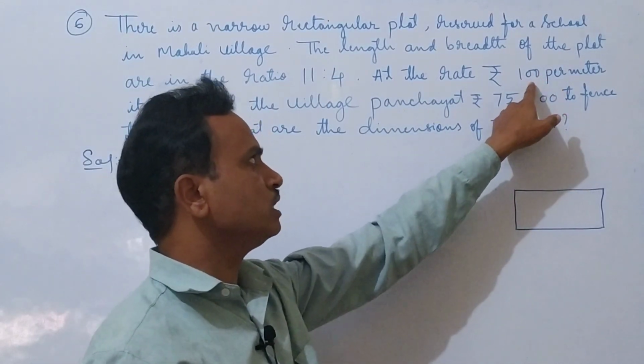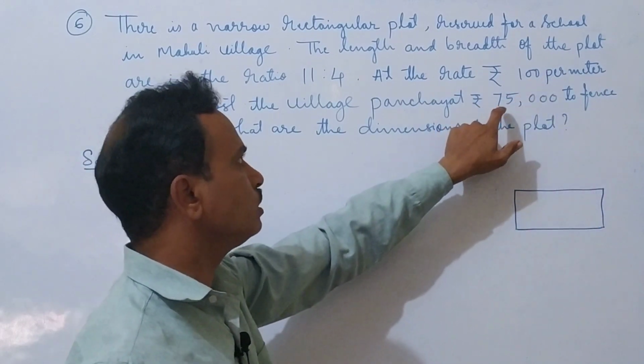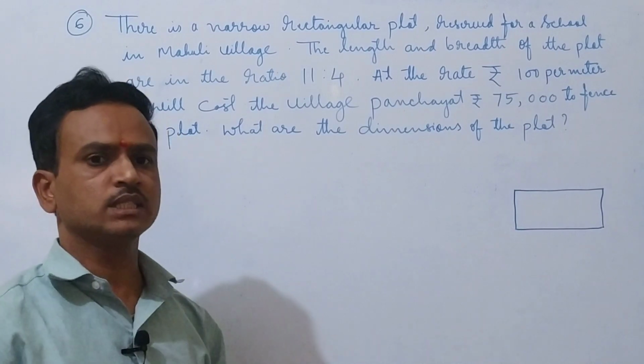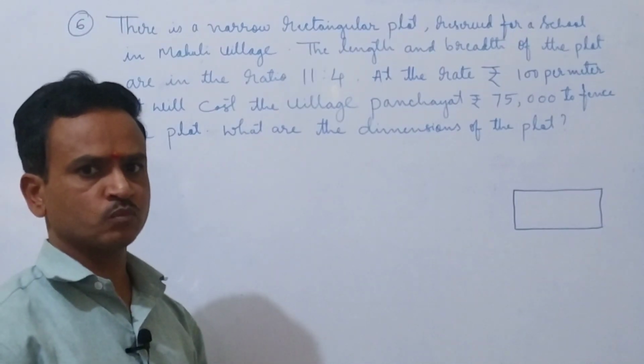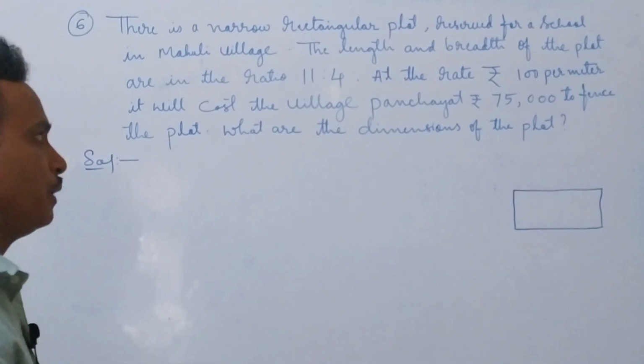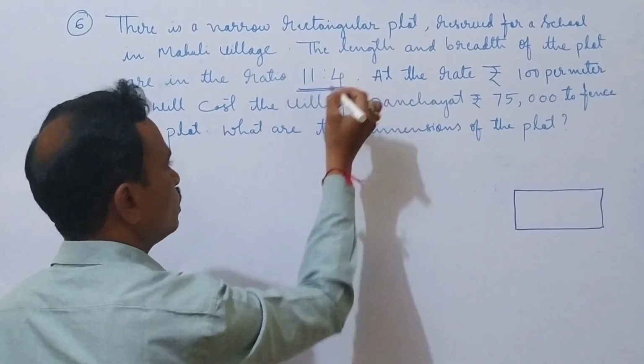Per meter how much is it? 100 rupees. The total amount the panchayat mentioned is 75,000 rupees. Then when it is given in a ratio, what should we do?